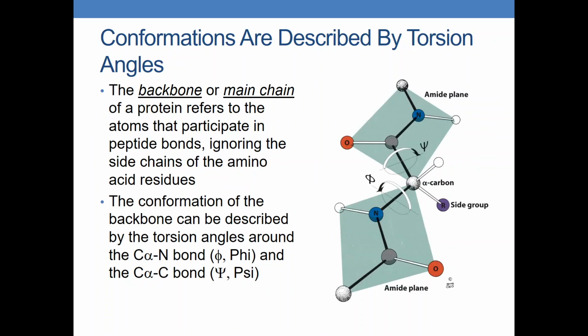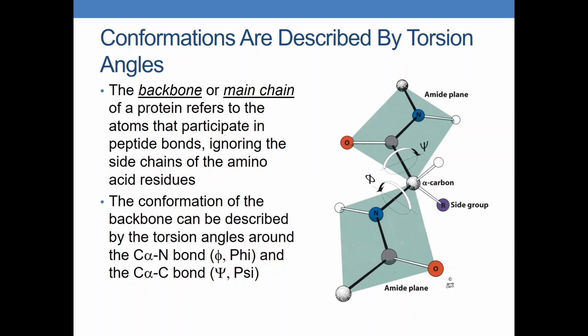Okay, so now let's talk about how we actually define conformations. So first, conformations of peptides are going to be described by torsion or dihedral angles. I'll tell you what this means momentarily, but peptide conformation is going to be defined by three dihedral angles called phi, psi, and omega. These reflect rotation about each of the three repeating bonds in the peptide backbone.